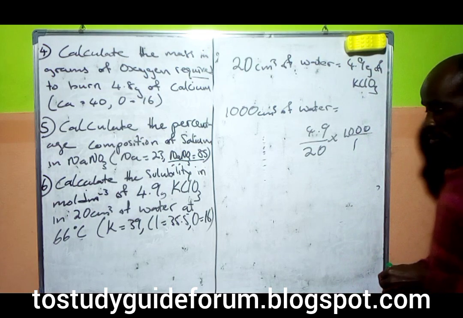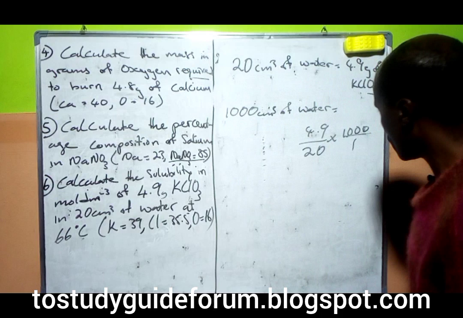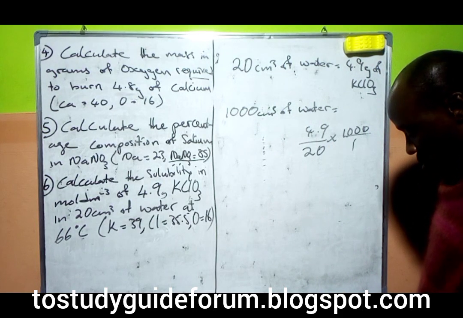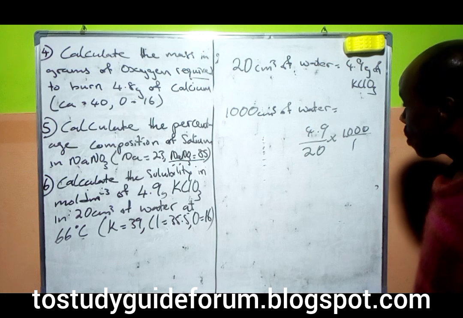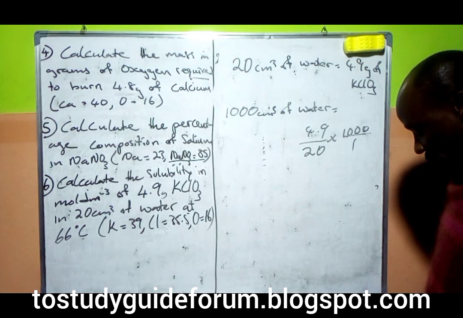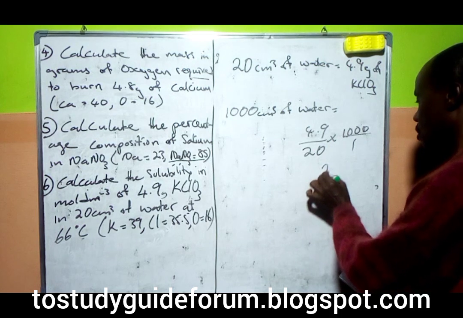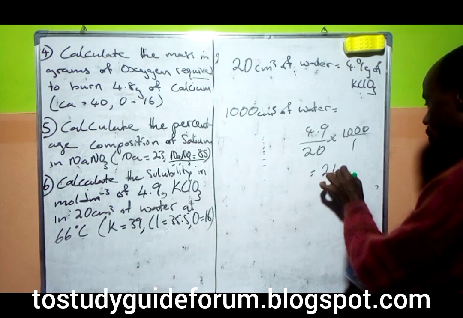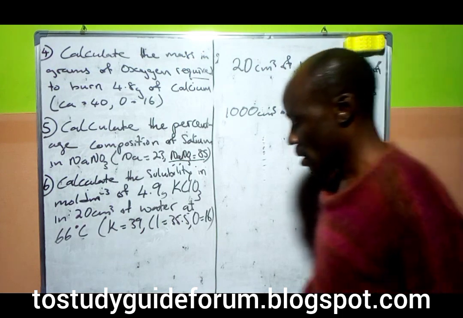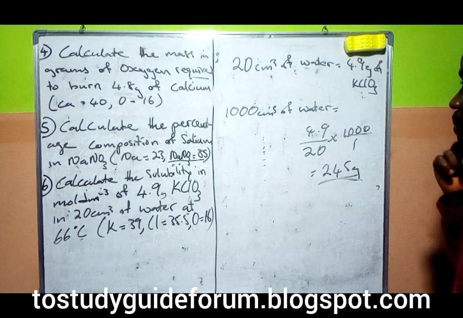Let's use the calculator to be sure: 4.9 times 1000 divided by 20. What we have here is equal to 245 grams. So that is the amount that can saturate 1000 cm cube or 1 dm cube.